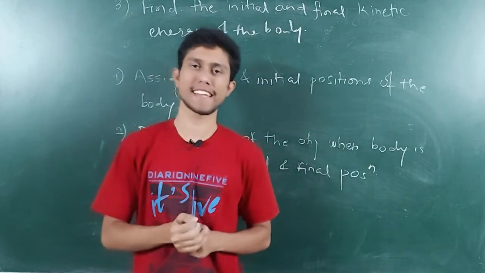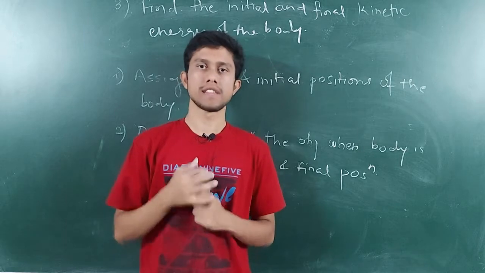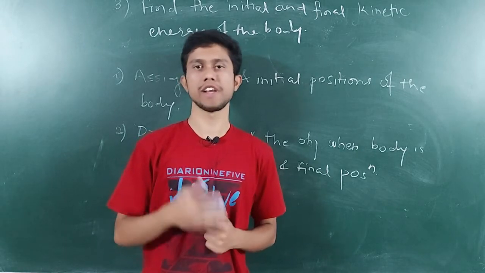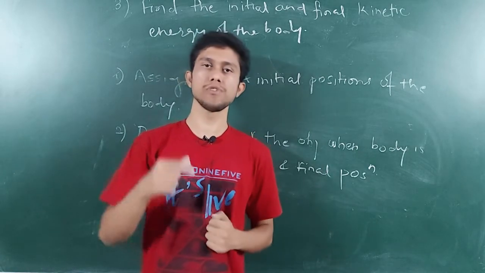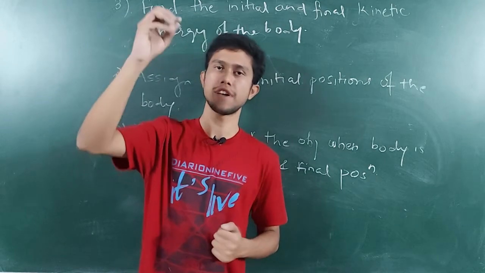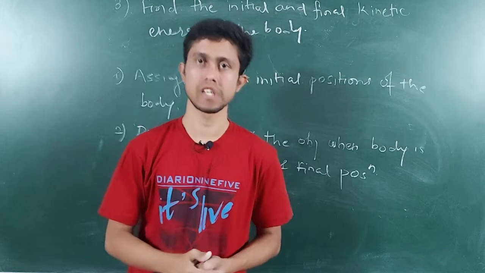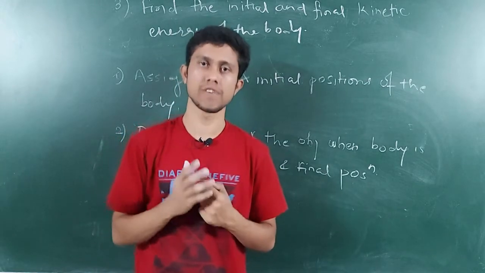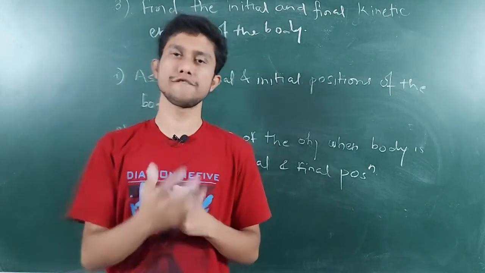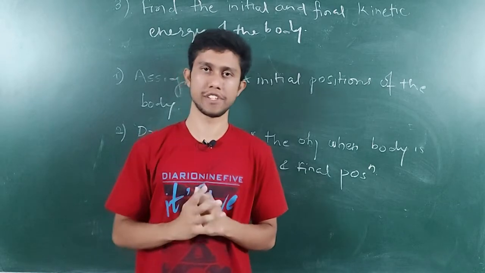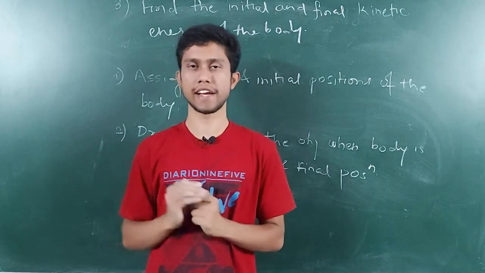Okay, so how will you find the initial and final kinetic energy of a body? For this you'll require the initial and final velocities. So you have to see what the initial velocity is when we have dropped the ball. That will be equal to 0 in that specific case. But in another case, you have to find the initial velocity and subsequently the kinetic energy. So this will be your initial kinetic energy.